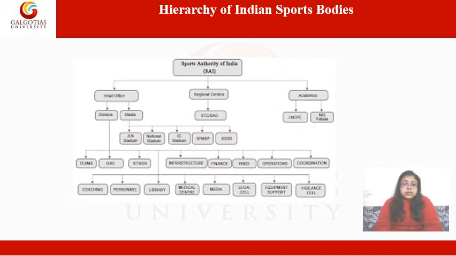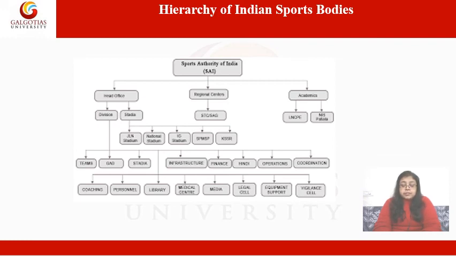In this particular slide, a small bird's eye view of the hierarchy of Indian sports bodies is also provided. It is the same as global, that there is no strict hierarchy that one is above the other, because nowadays it is not that one is a ruler and another is strictly governed. There is something called networking of bodies with one another.